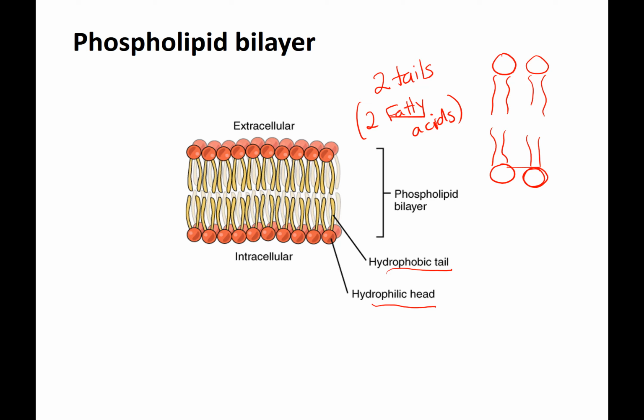And then the head we draw as the circle because it can actually be different things. We get to those details in cell biology, but this has charge, or at least partial charge, depending on what the head is.